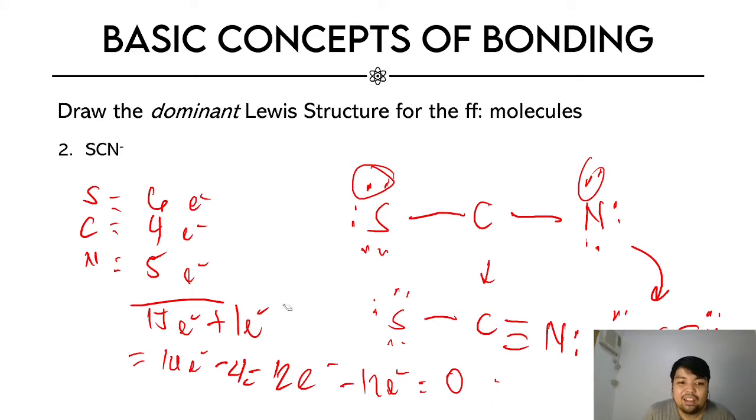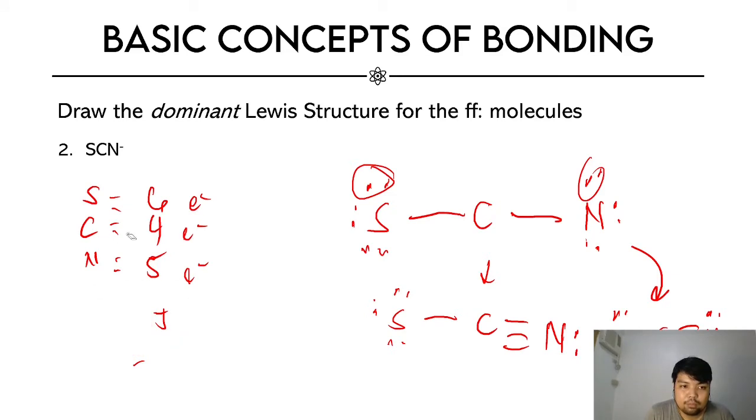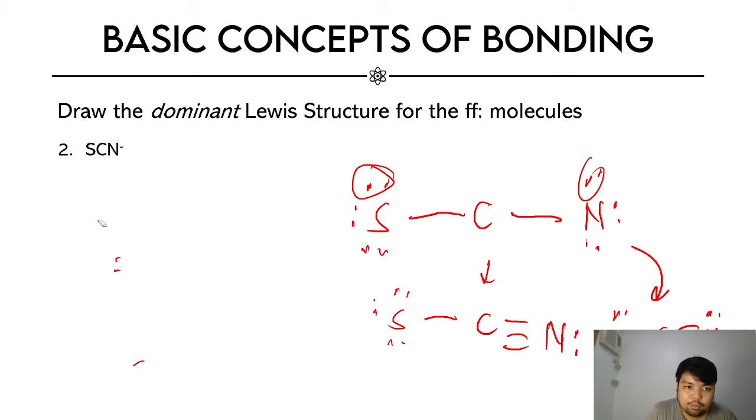The question there is, which is the more dominant Lewis structure? So, let's name this as Lewis structure 1 and Lewis structure 2.